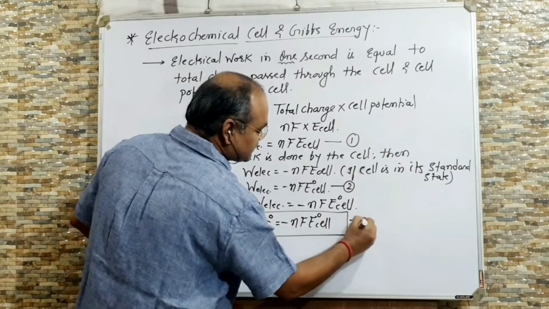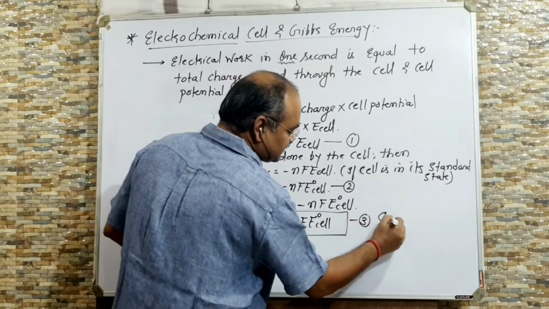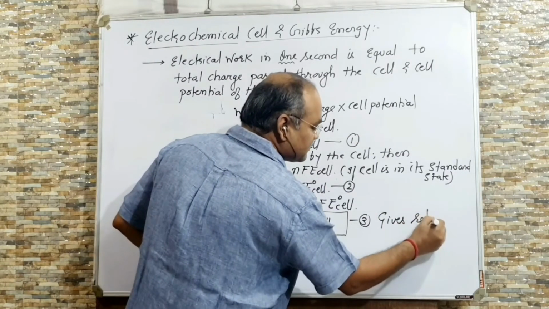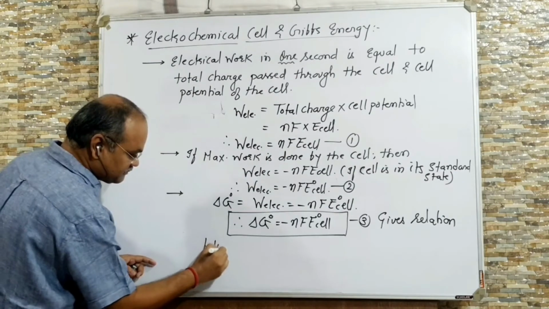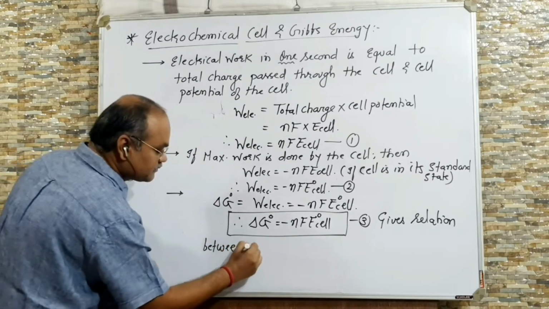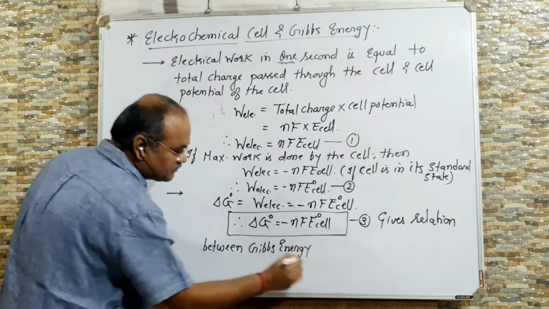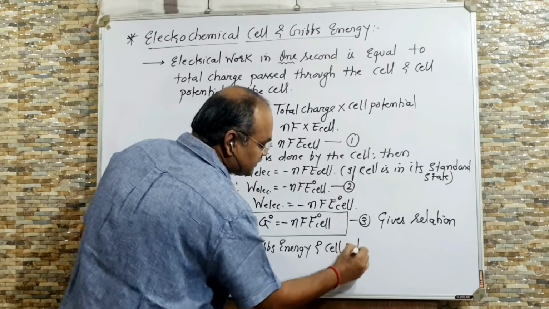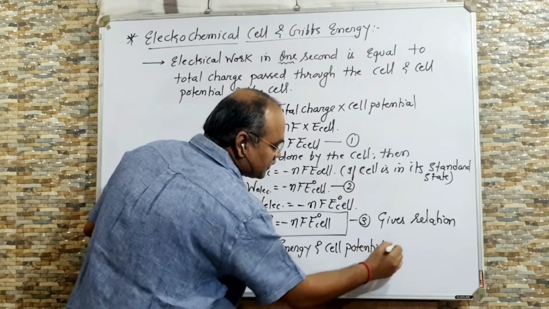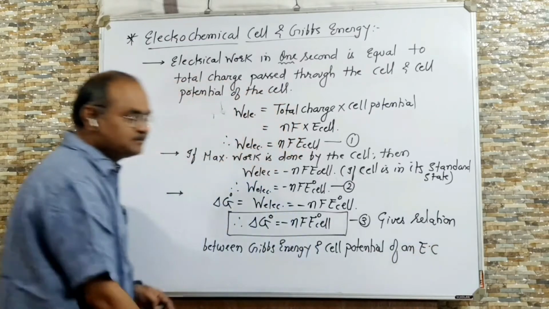So this is your equation number 3, and this equation gives the relation between energy and cell potential of an electrochemical cell.